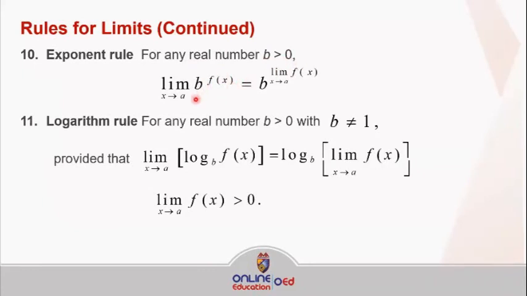Then the limit of b raised to f of x equals b raised to the limit of f of x where x is approaching a. Then for the logarithm rule, for any real number b greater than 0 with b not equal to 1, the limit of log b of f of x is equal to log b of the limit of f of x with x approaching a, and the limit of f of x is greater than 0.